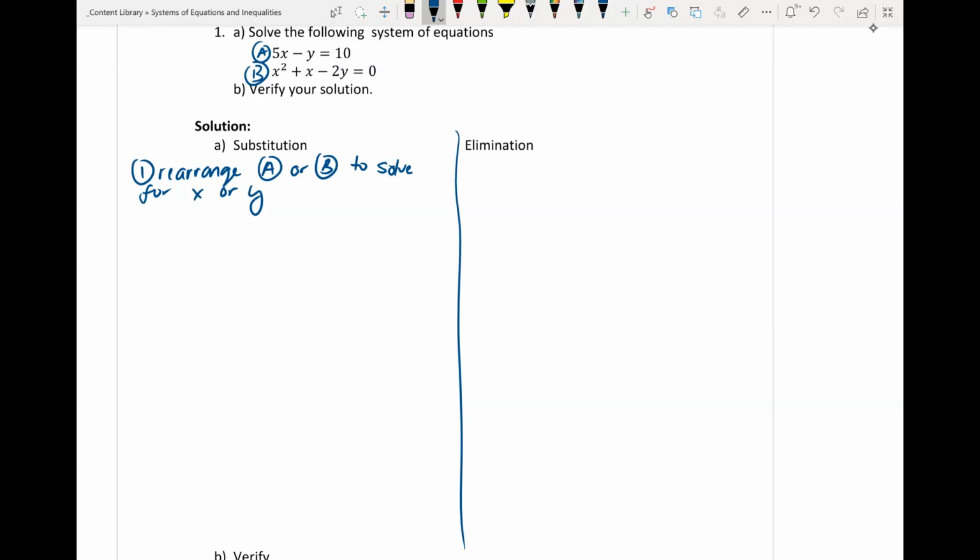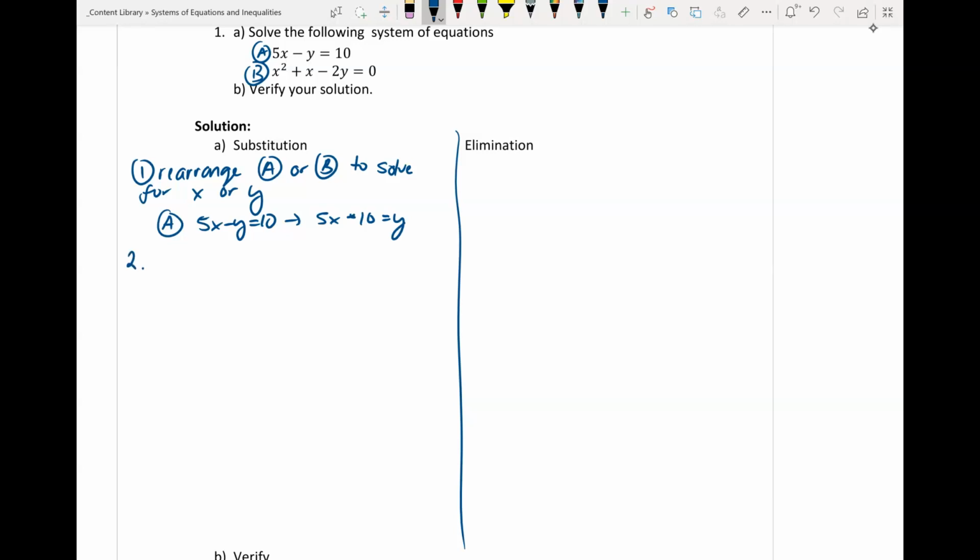In this case, I'm just going to pick equation A, and I'm going to rearrange this and solve for y because that's just easier. So if I move y to the other side, I'm going to get 5x minus 10 is equal to y. So I move 10 to the other side and y to the other side.